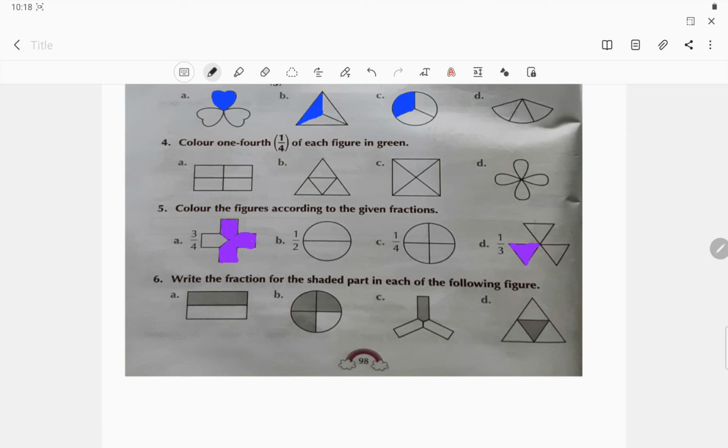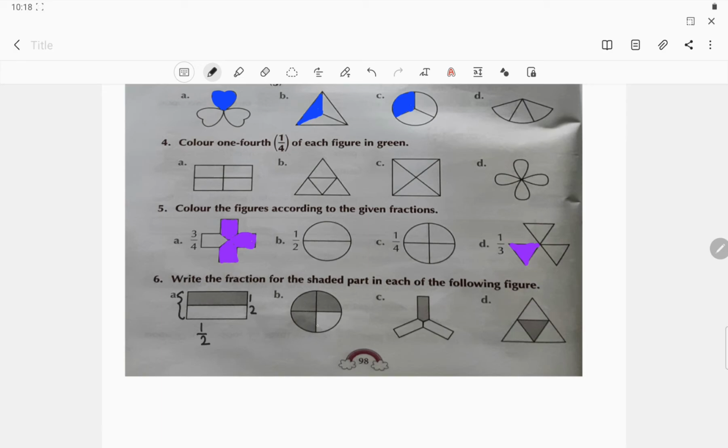Now 6a: write the fraction for the shaded part in each of the following figures. There are two parts, 1 and 2, and out of two parts only one part is shaded. So in this question you have to write the shaded portion, so only half. B: how many portions are shaded?